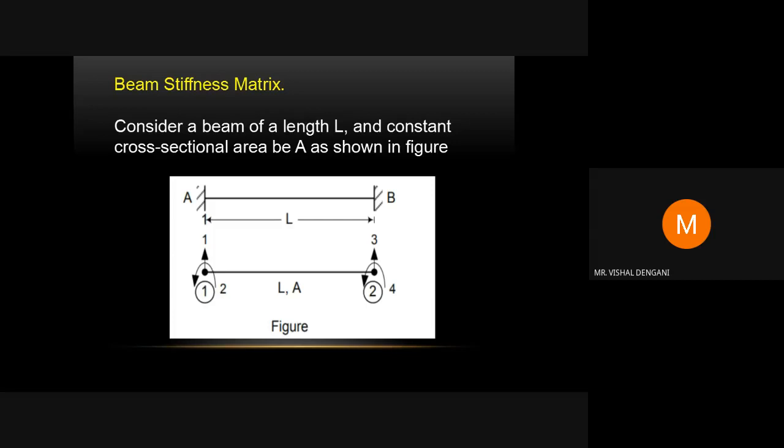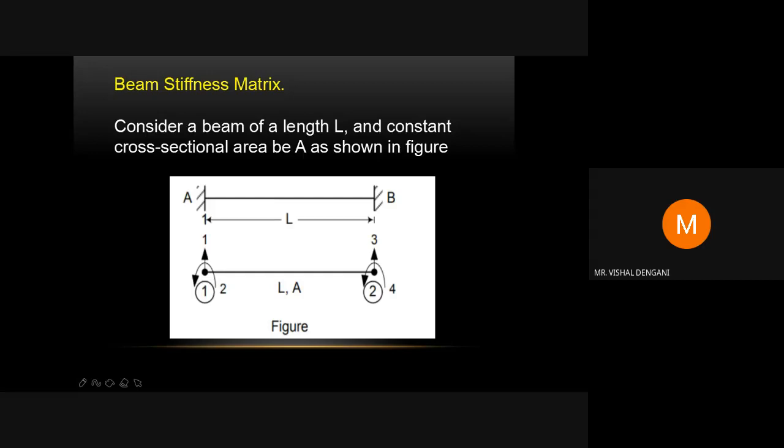Translation along Y, rotation along Z at node 1, and similarly at node 2. Hence along Y direction, I have given 1, and similarly at the same node along Z direction, I have given 2.